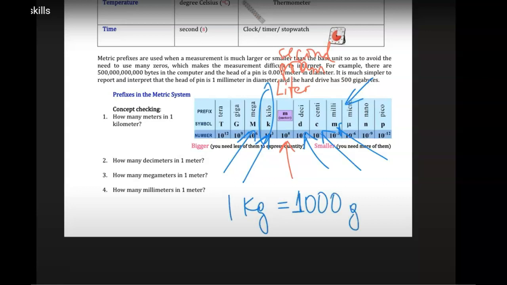So instead of saying 1,000 grams or 1,000 paper clips, if you want to think about it this way, we would say 1 kilogram. So we know that kilo means 1,000 of those small units, right? The average person's mass would be expressed as 70 kilograms rather than 70,000 grams.